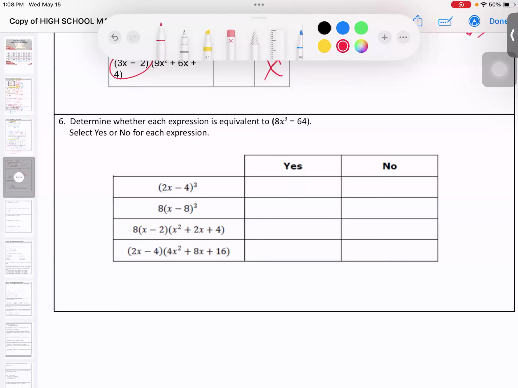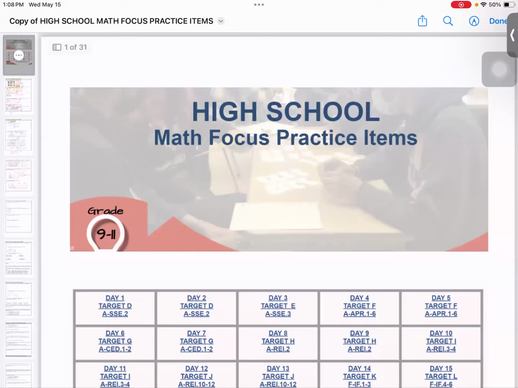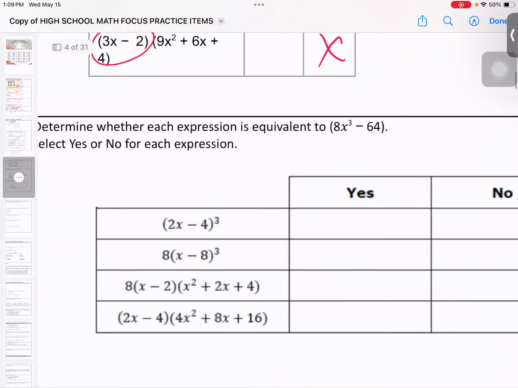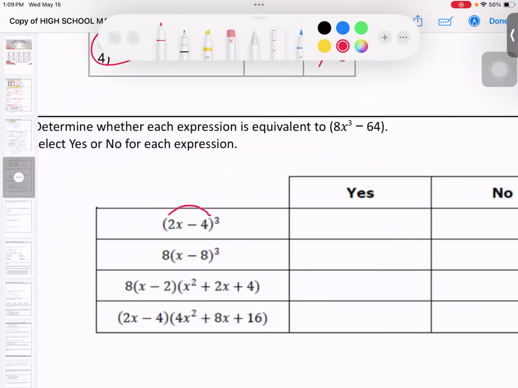I think you all got the first one is no, right? Remember, you cannot distribute the power. You cannot do this. No FOIL. You need to do FOIL.